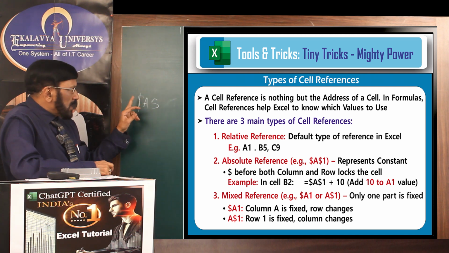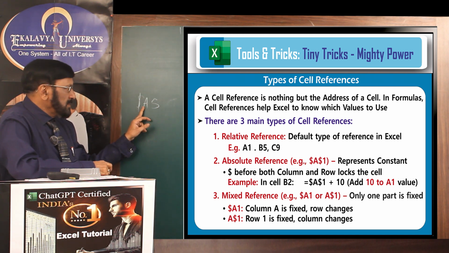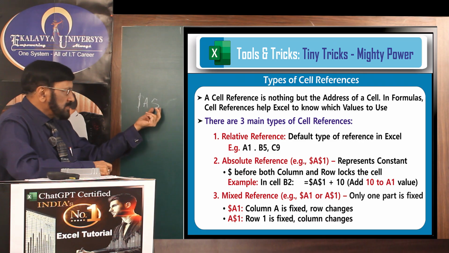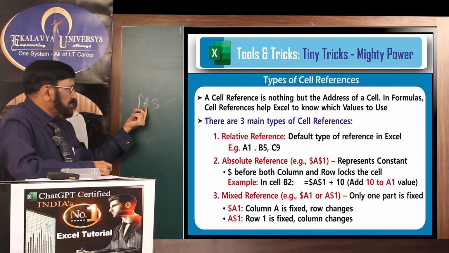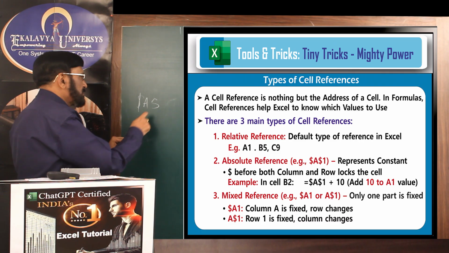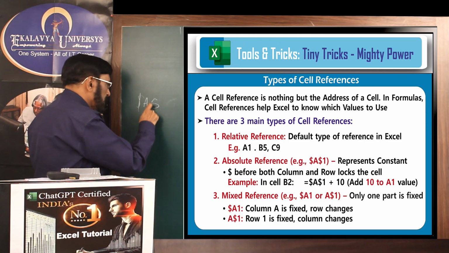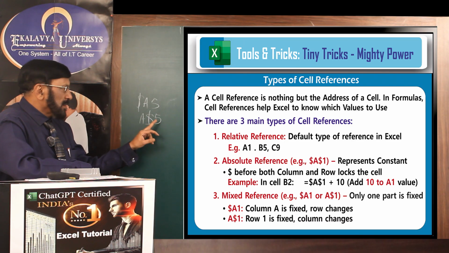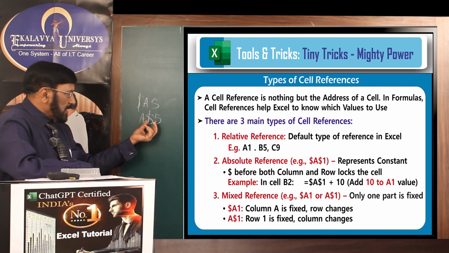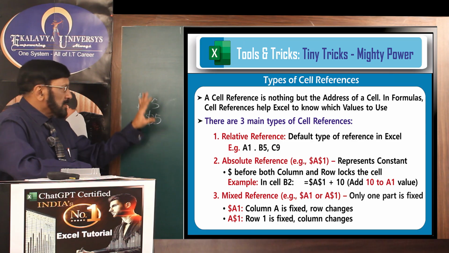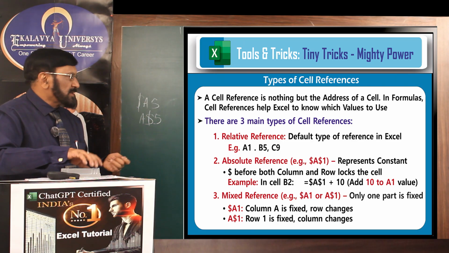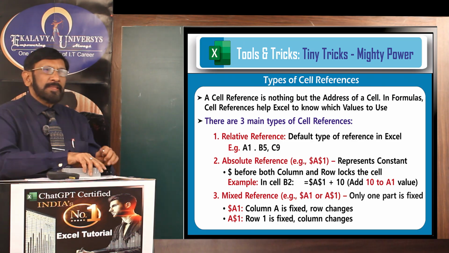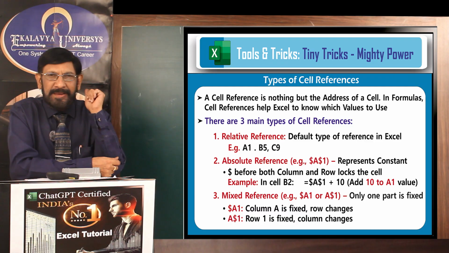That means we are locking the column, but the row is free. This is constant, this is relative. Sometimes A$5, that means the column is relative and the row is absolute. That means we are locking the row. So here you are able to understand 4 types. The first type obviously you know, the remaining types I have to explain.